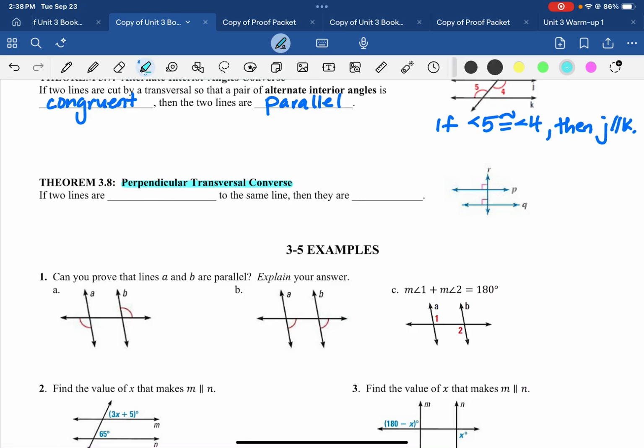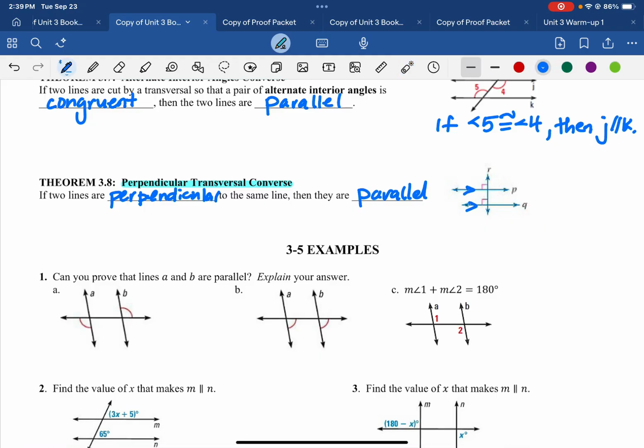If we flip that around, remember converse is the swap, it says if two lines are perpendicular to the same line, then the two lines are parallel. You can see in the picture that P and Q are both perpendicular to the transversal R. Therefore, P and Q are parallel.